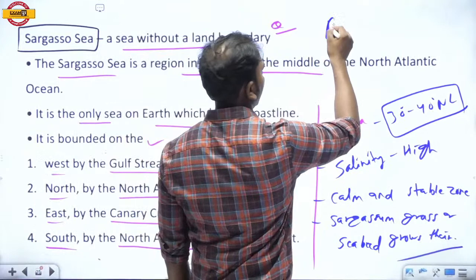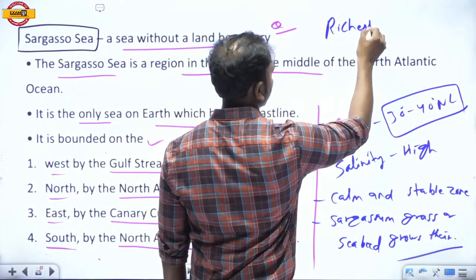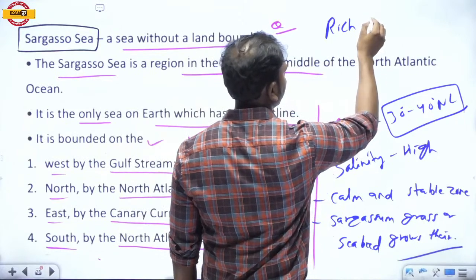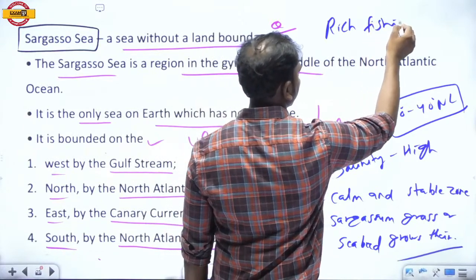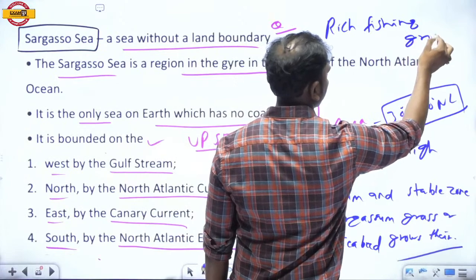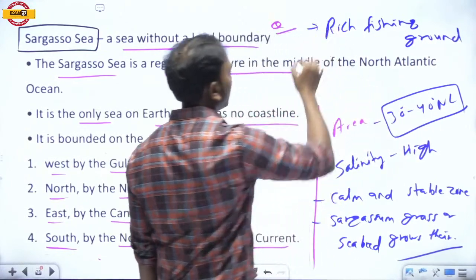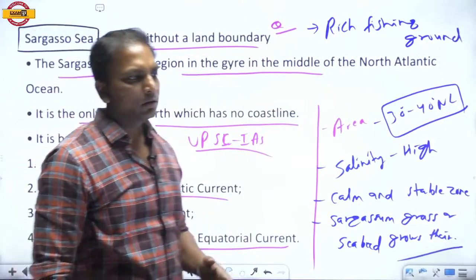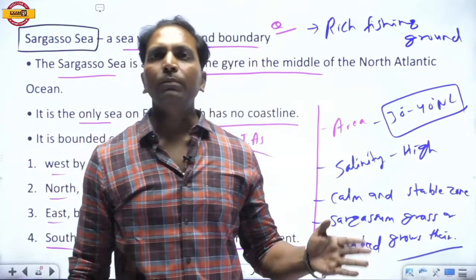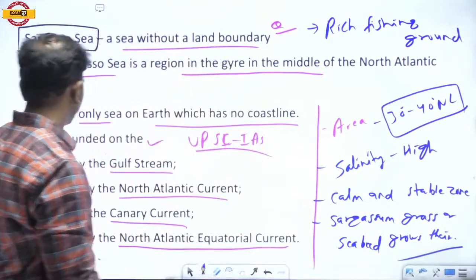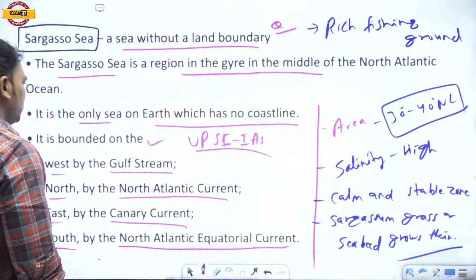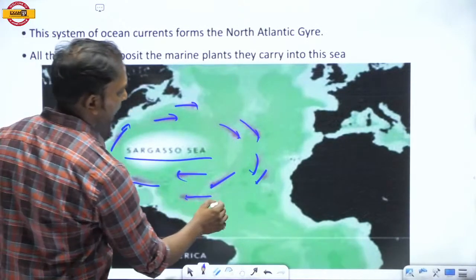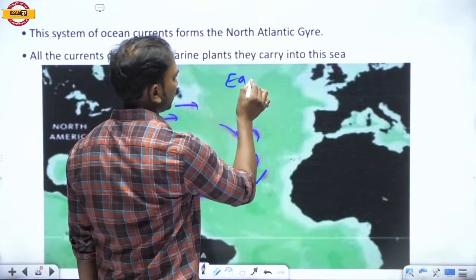It is a rich fishing ground. And it is found at the eastern coast of the USA. This one is North America, and it is found on the eastern coast of USA.